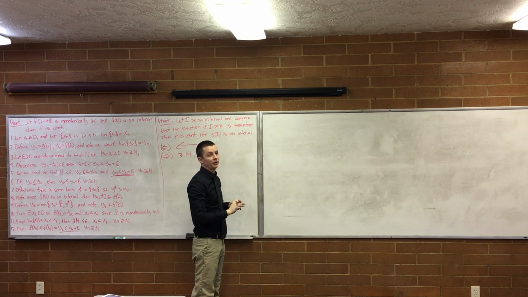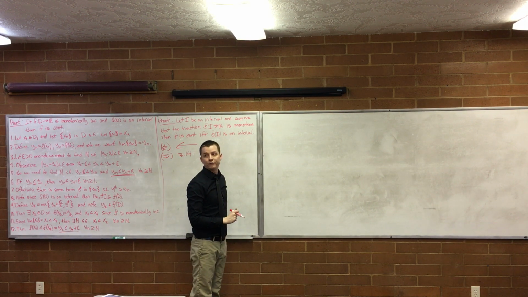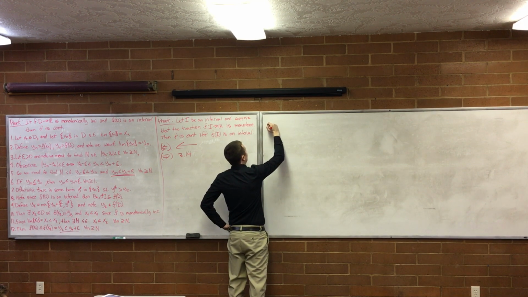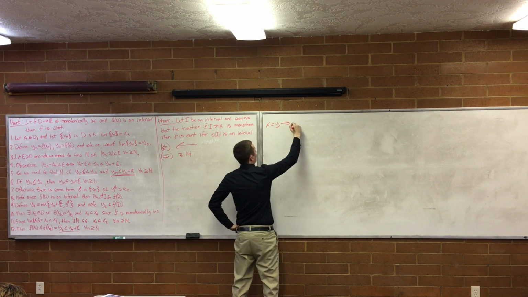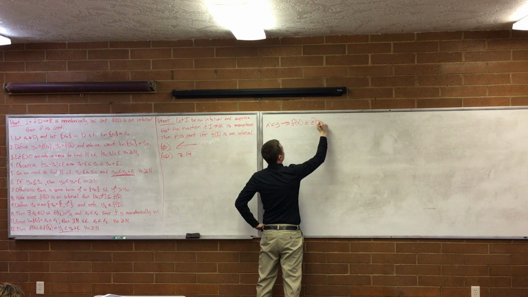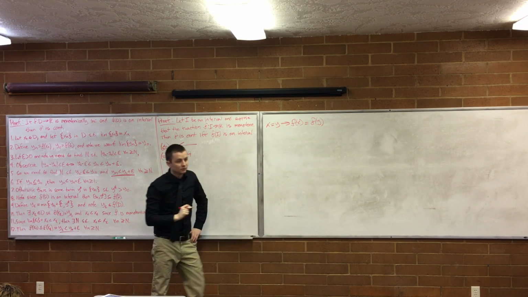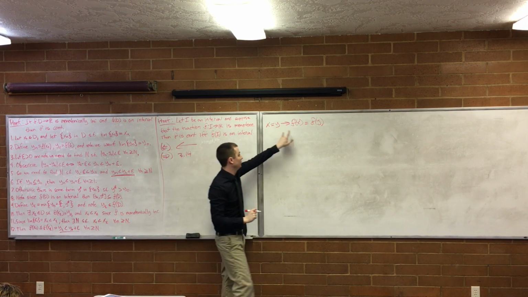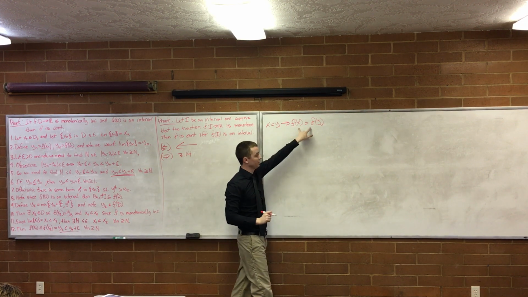So, I'm trying to remember the way I like to say this. It's a function if x equal to y implies f of x is equal to f of y. Anytime you have the same input, you get the same output.